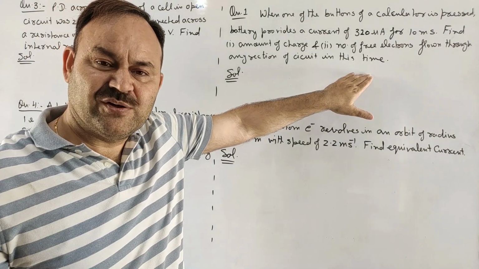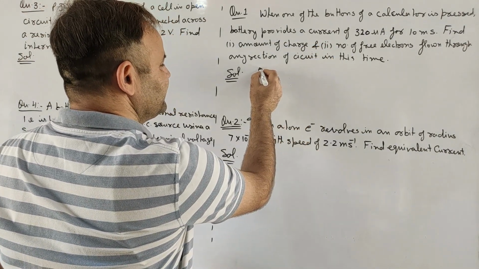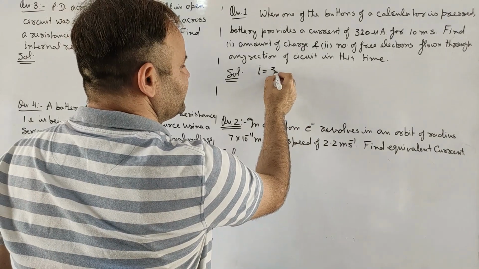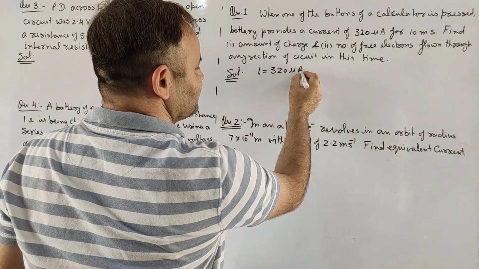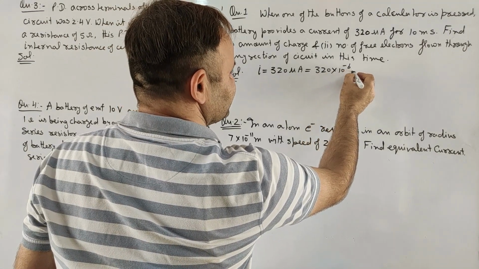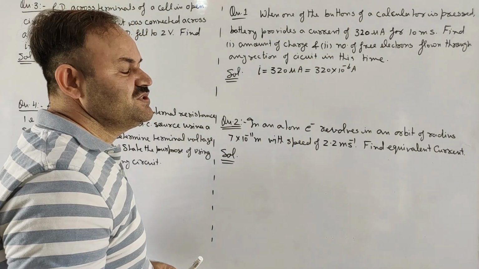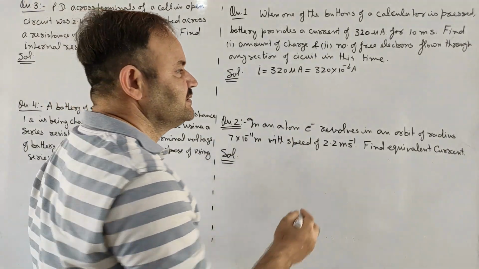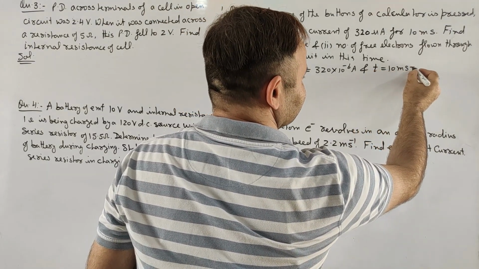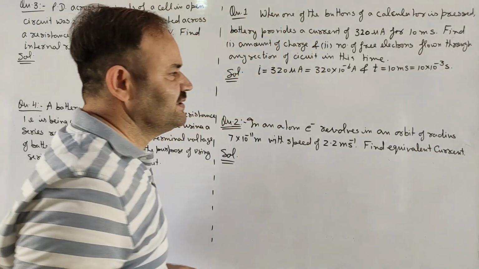First, we will note down what is given in the question. The question is giving us the current passed through the circuit, that is 320 microampere, equal to 320 into 10 to the power minus 6 ampere, and it is also giving us the time for which current flows through the circuit, and that time is 10 millisecond, 10 into 10 to the power minus 3 second.